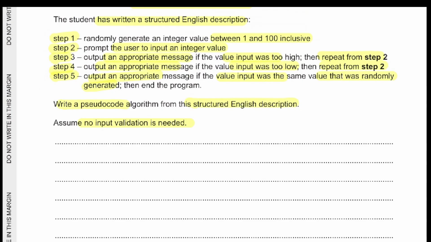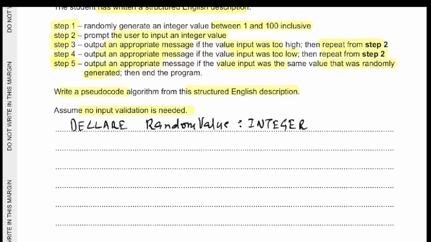All right. So we need to declare variables. One is the random value, and then we declare user guess.